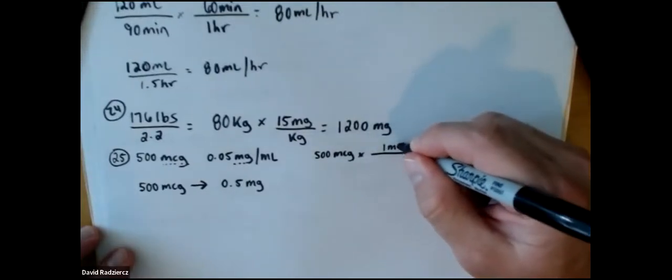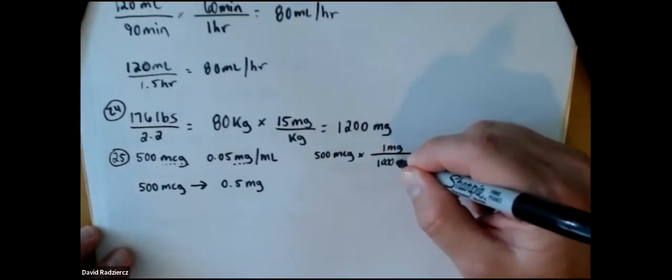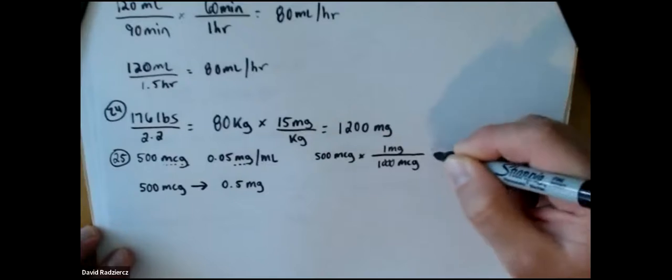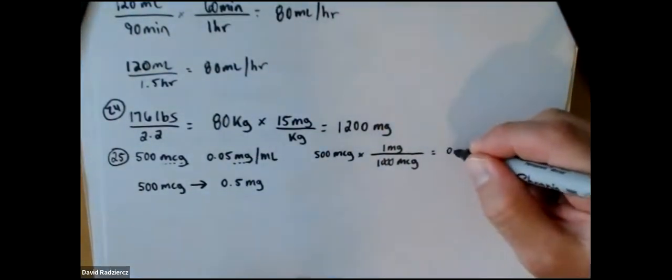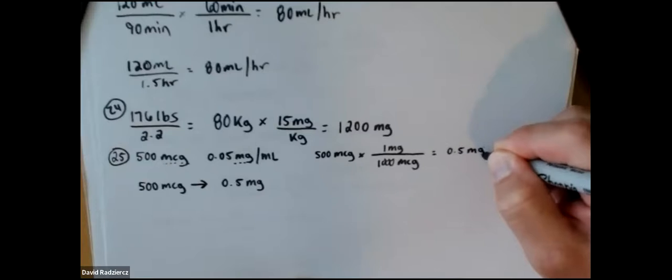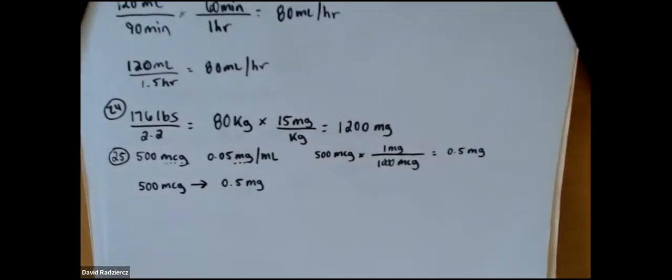We know that in 1 milligram, there's 1,000 micrograms. And I just do 500 divided by 1,000, and I'll get the same answer, 0.5 milligrams.